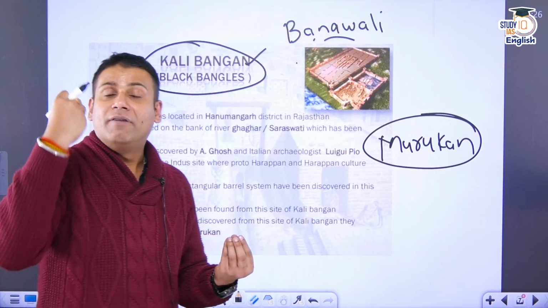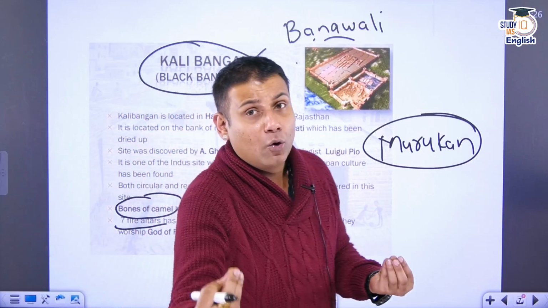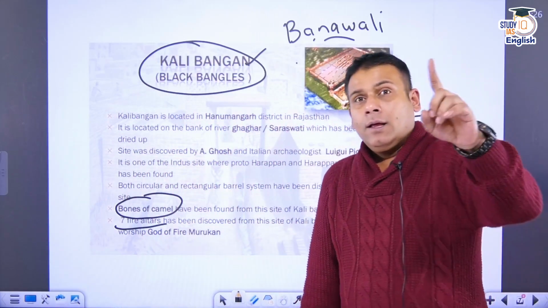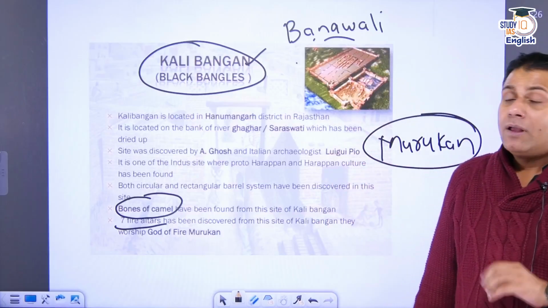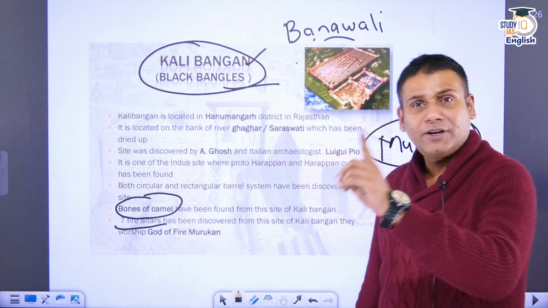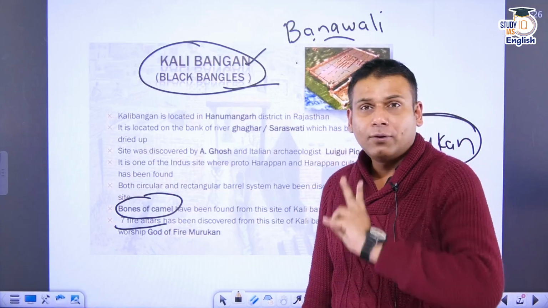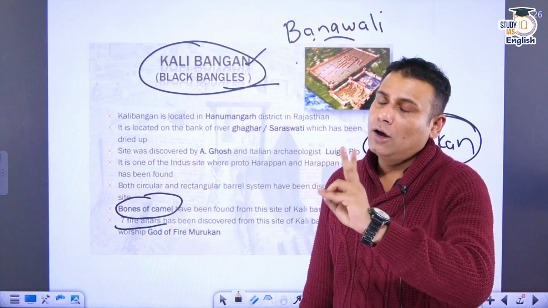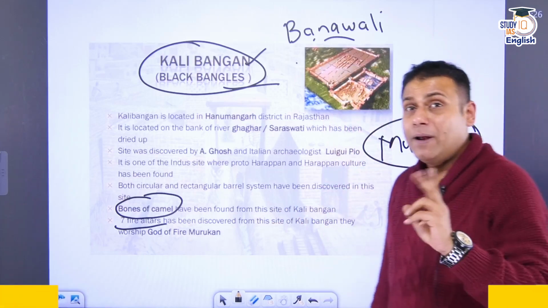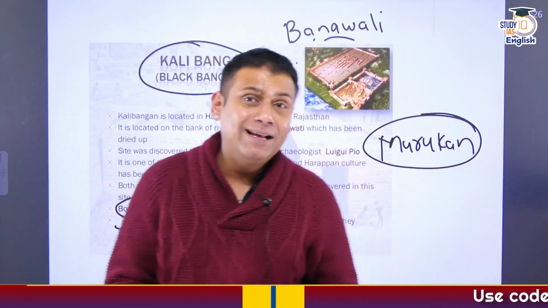As I have told you, I have requested you guys, please have a pen and paper with you so that you can note down the important points. Okay? Kalibangan, I'll repeat the points again. Kalibangan, black bangles, located in Hanumangarh district of Rajasthan. Apart from this, on the banks of river Ghaggar or Saraswati, which has been dried up, there are two sites which depict Proto-Harappan as well as Harappan cultural phase.